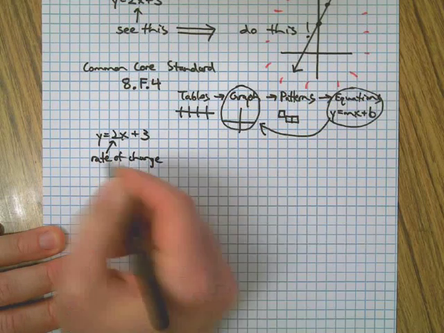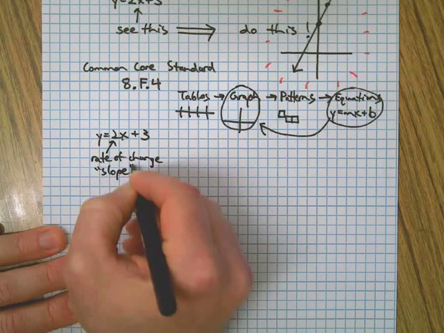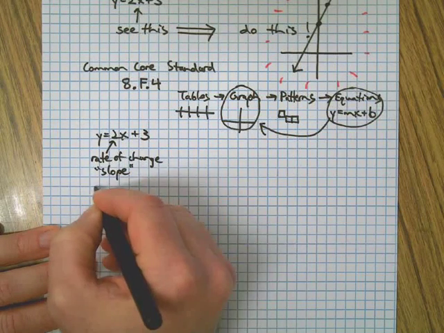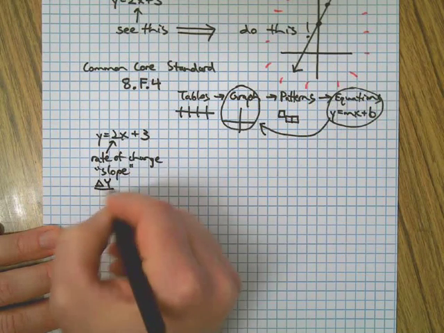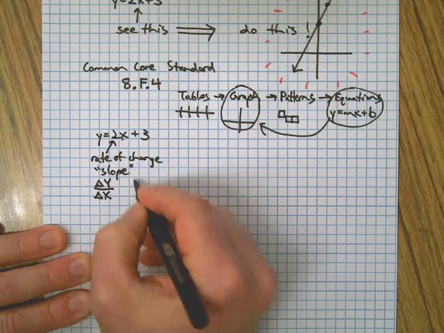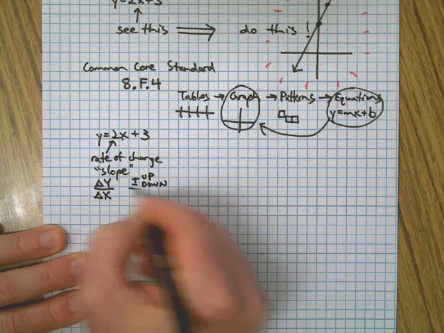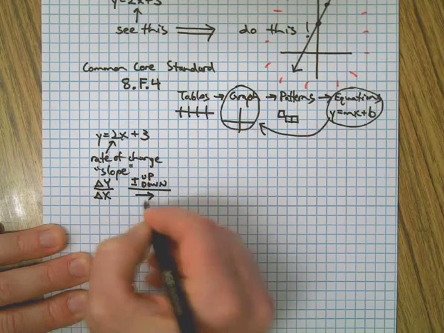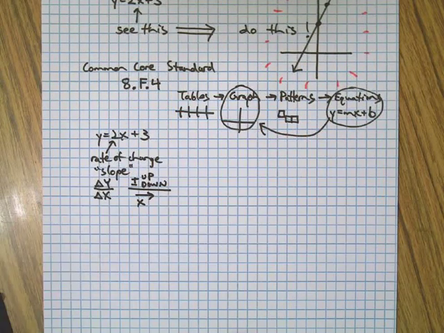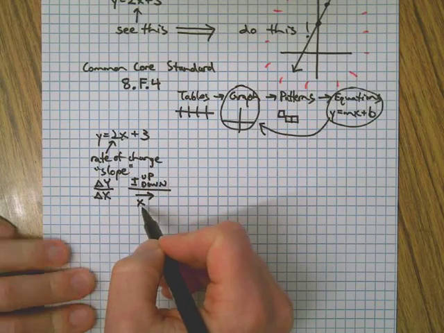Later on in algebra, you're going to recognize this as the slope, which is calculated as the change in y over the change in x, or how much does y go up or down every time x goes to the right.